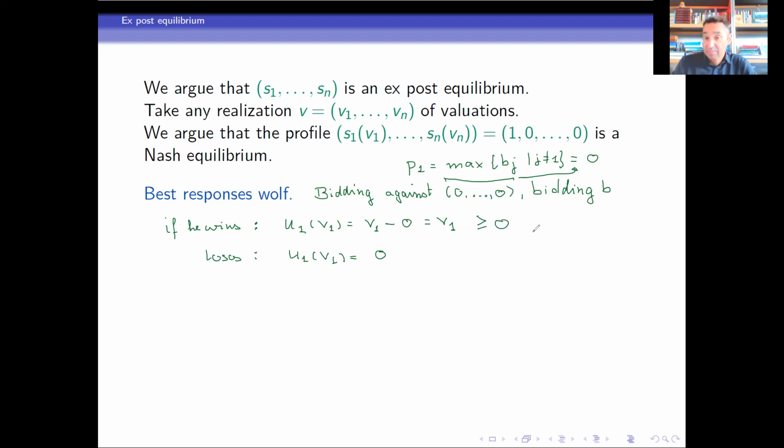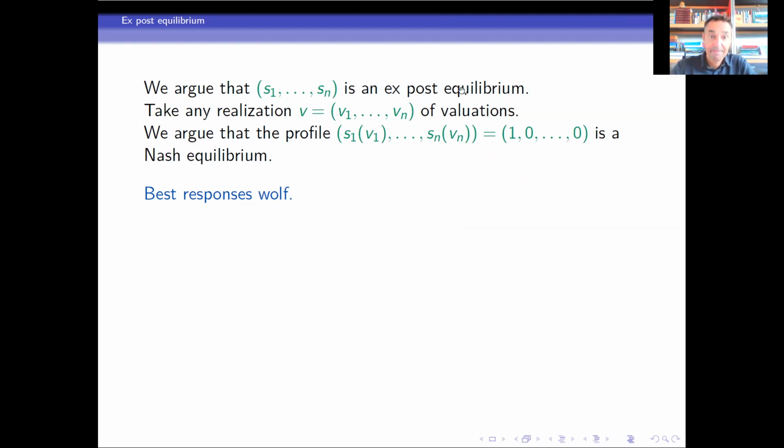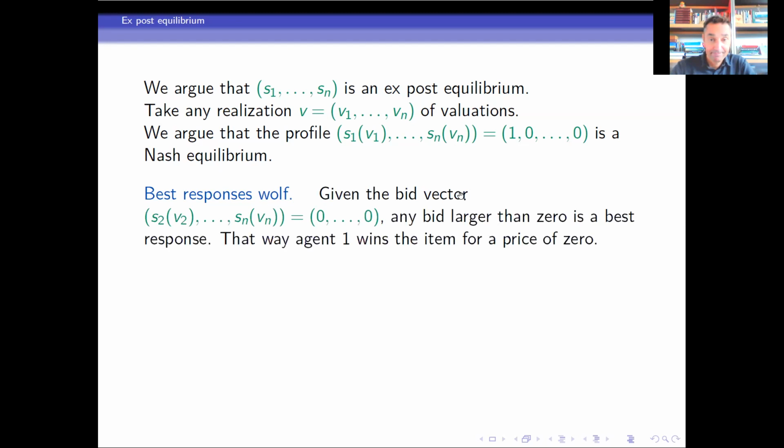Well, for example, by bidding 1. So any bid larger than 0 is a winning bid. Among those, 1. So you get many best responses, but 1 is one of them. So that's what it says here. In particular, bidding 1 is a best response.